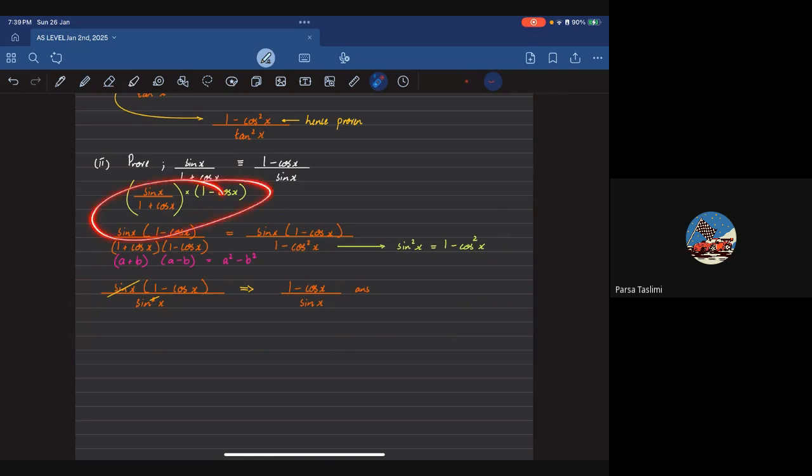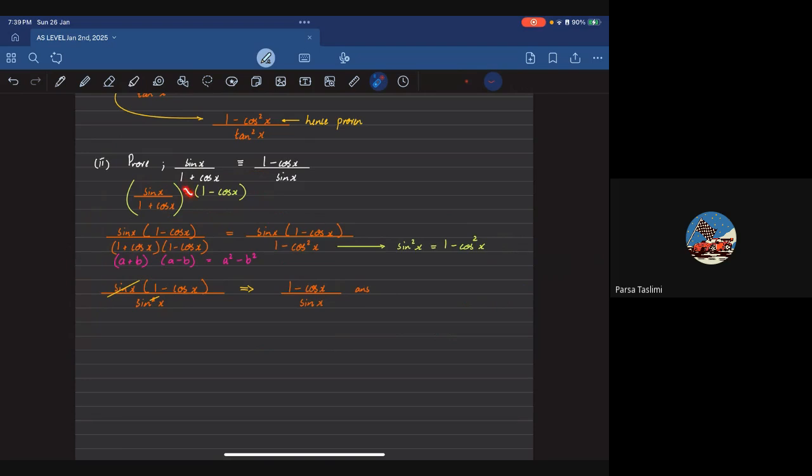This was a tricky question because it wasn't that straightforward. Why? Because you had to bring something in by yourself into the question itself. Sometimes you have to go with a gut feeling as well. Thinking from a student's point of view, I already knew that in my numerator there was no way for me to get 1 minus cos x. From 1 plus cos x, I could still imagine getting tan or something of that sort to at least get sin x. But from just sin x, it was virtually impossible to get 1 minus cos x.